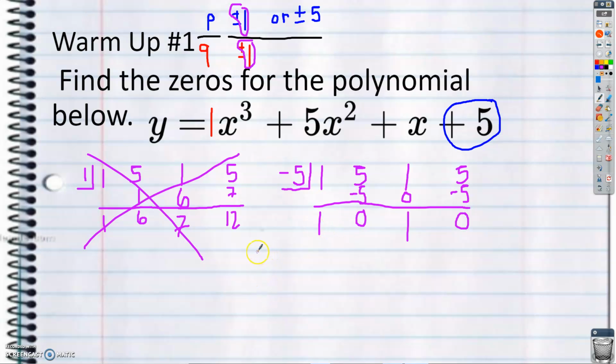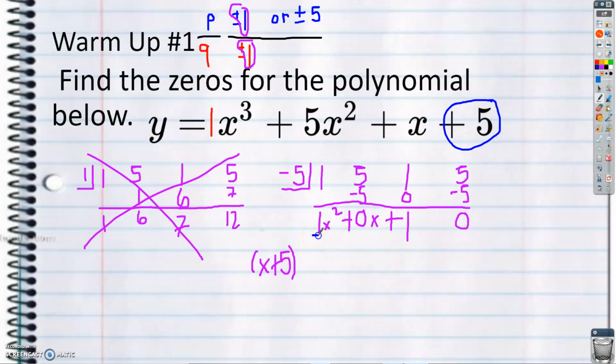So that means that minus 5 is one of my x-intercepts. So if I put it back as a factor, that's x plus 5, because remember it changes signs. And then this is 1x squared, because if this is x to the third, then this is 1 less, plus 0x plus 1. And so now I have to try to factor this.